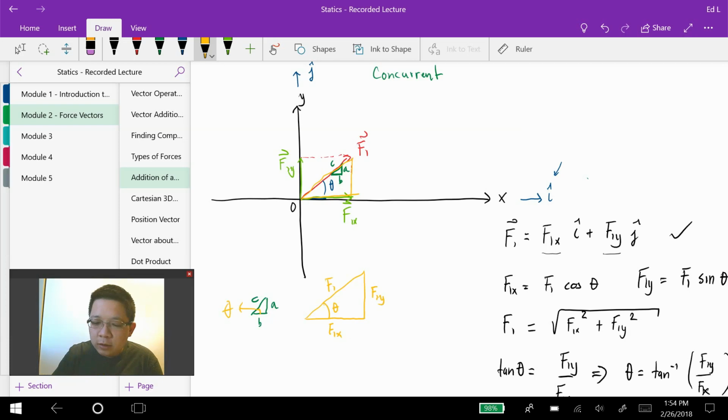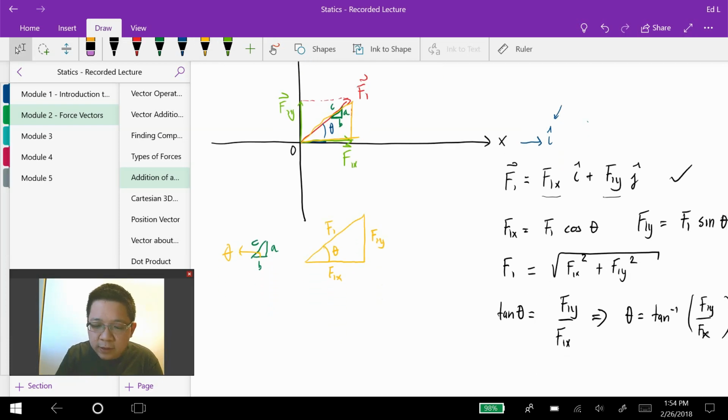So by the principle of similar triangles, we can write an expression that is very helpful to find the components of the force vector without knowing this angle theta. We know that F1x divided by b is equal to F1y divided by a is equal to F1 divided by c.